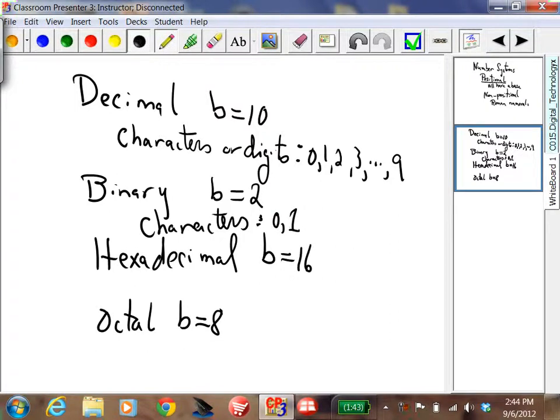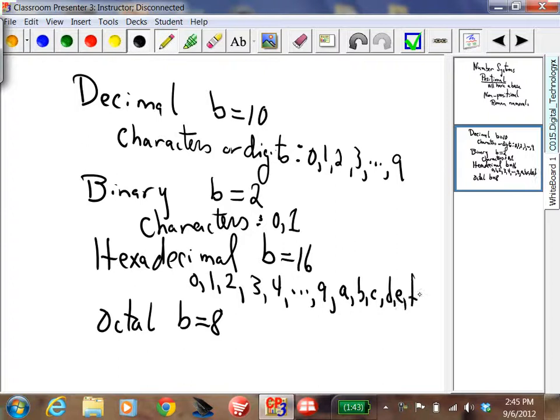In the hexadecimal number system, they are 0, 1, 2, 3, 4, dot, dot, dot, up to 9, okay? Then 10, 11, 12, 13, 14, and 15. And traditionally, we use letters. That is A, B, C, D, E, and F. Okay?